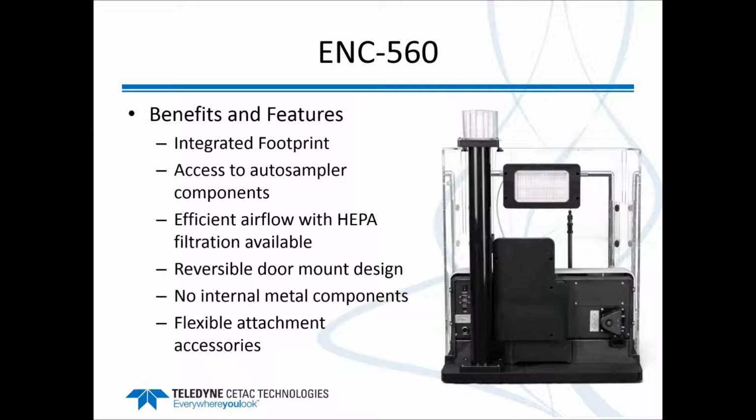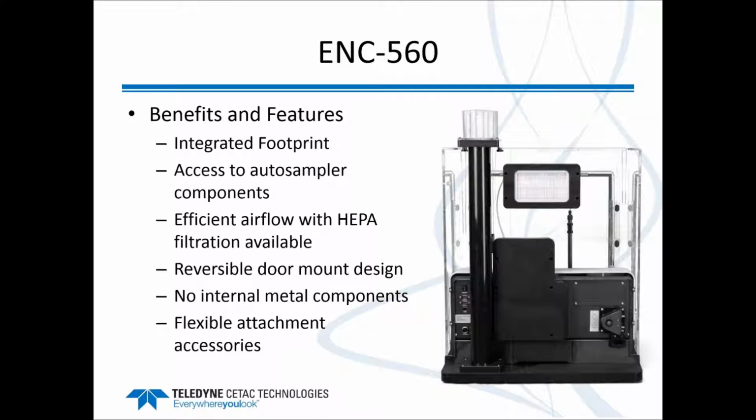Other advantages of this model include the footprint. It fits on top of the autosampler without causing any need for additional bench space. It allows unhindered access to the components at the back of the autosampler. It also has a reversible door design, so depending on the ICP model that you're using, you may want it to open from the left or from the right.